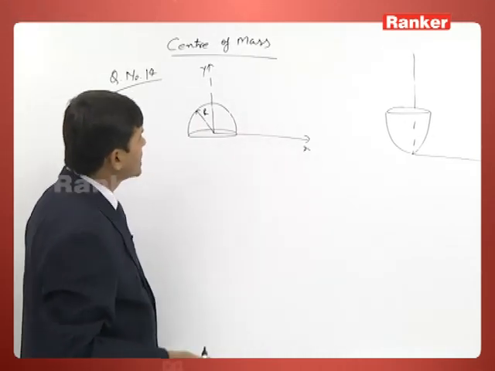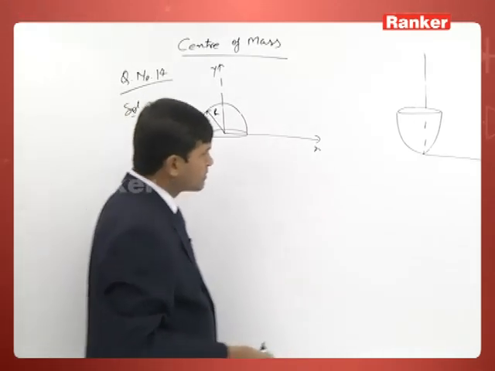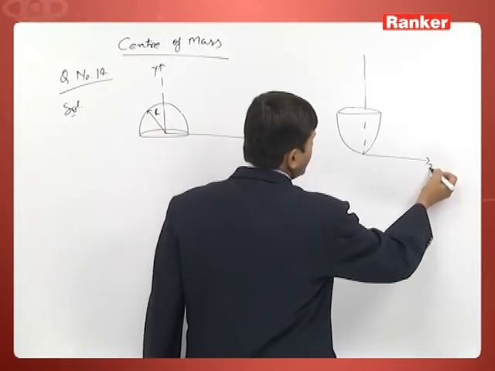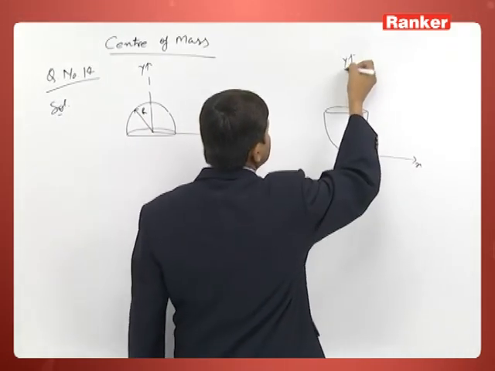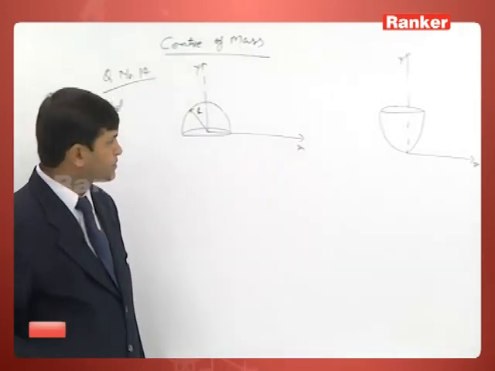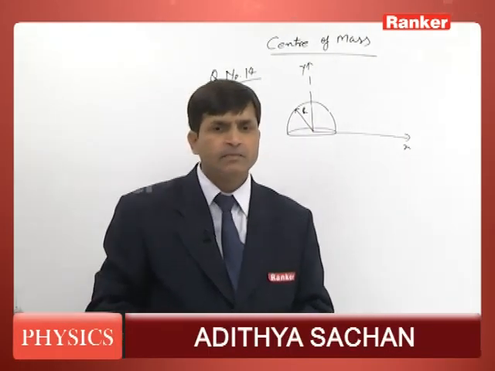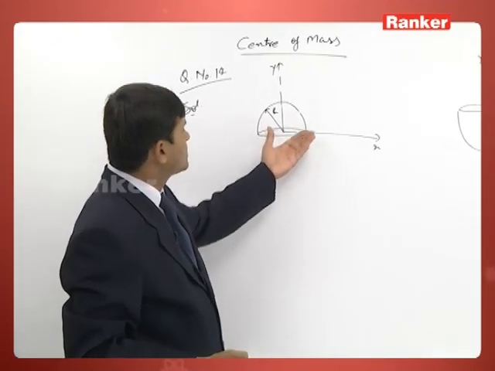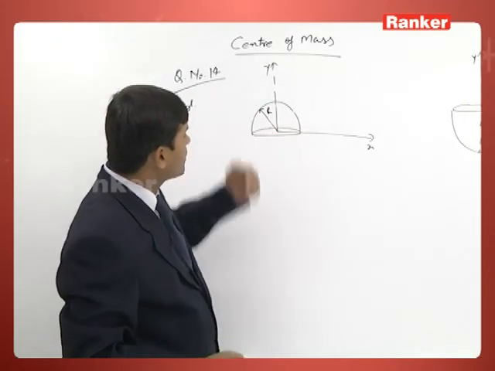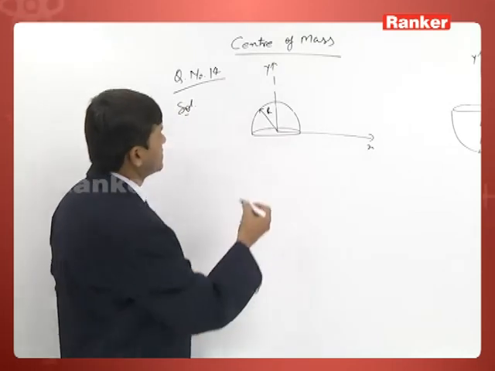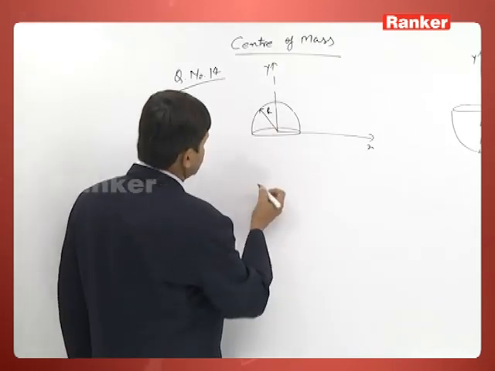So first we would like to find the position of the center of mass of the hemisphere. The hemispherical bowl can be taken as a number of rings like this.